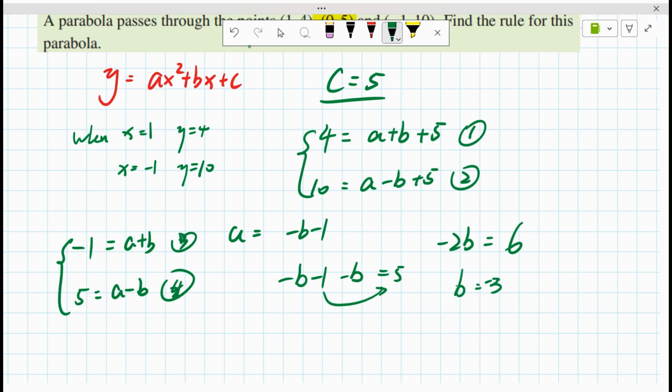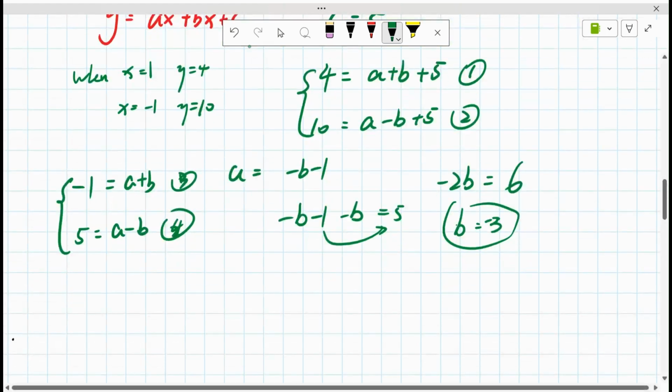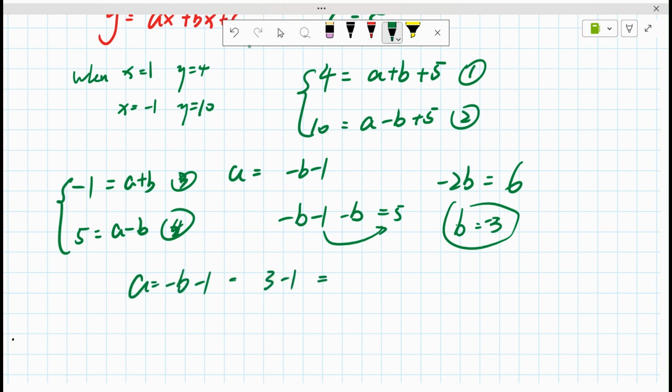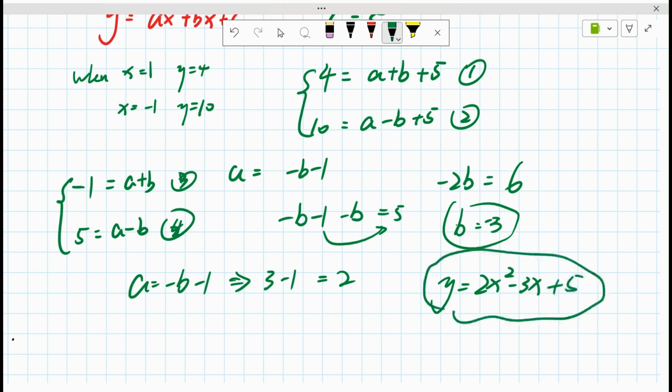All right, perfect. When b equals minus 3, now we find a. So a equals minus b minus 1, which means 3 minus 1 equals 2. So now y equals 2x squared minus 3x plus 5. Perfect. Another rule found.